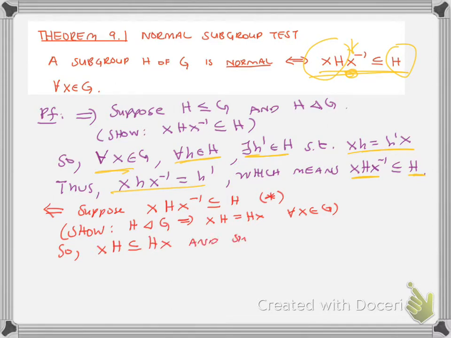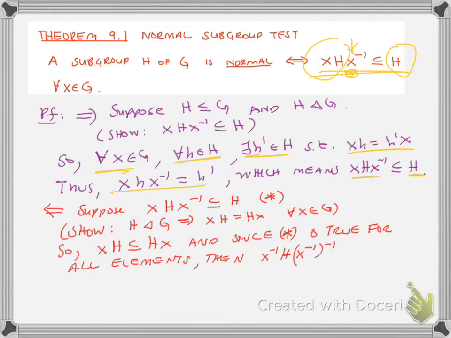And since star is true for all elements, we can take x inverse, because x inverse we know is going to be in G. So x^-1 H (x^-1)^-1 is a subset of H. If we simplify that, that's x^-1 H x is a subset of H, which implies that Hx is a subset of xH.